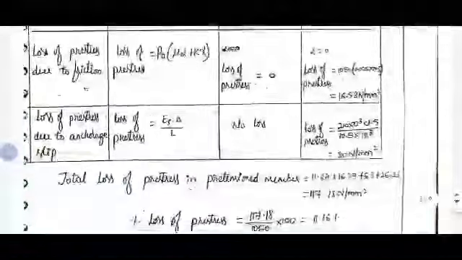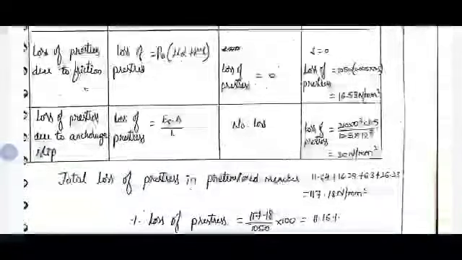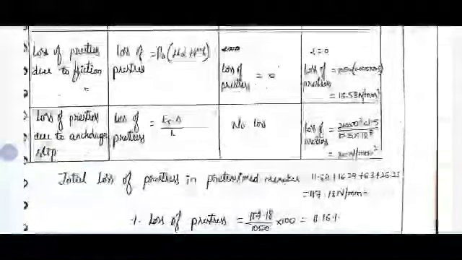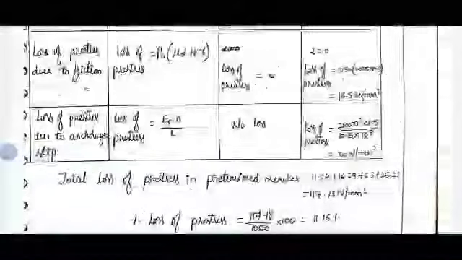You remain only with k into x, 1050 into k into x, you will get some loss. Then loss of prestress due to anchorage slip, Es into delta by L. Again there is no loss in case of pretension, it will be only in case of post-tension. Substitute the values and get the answer.